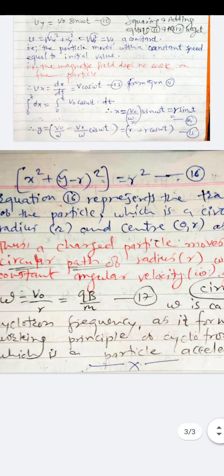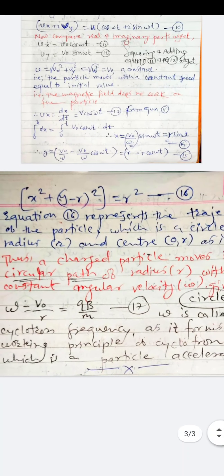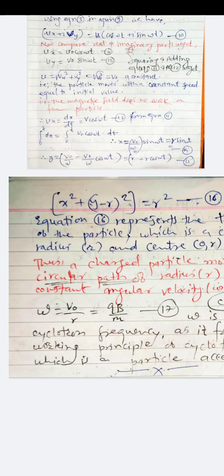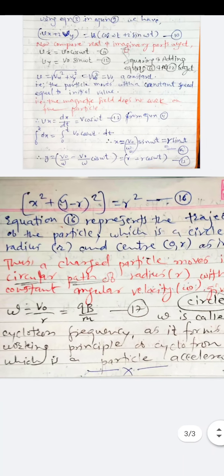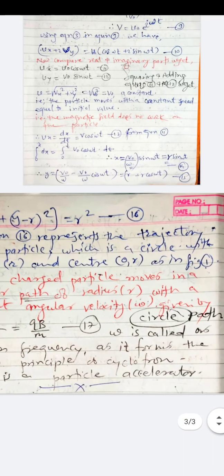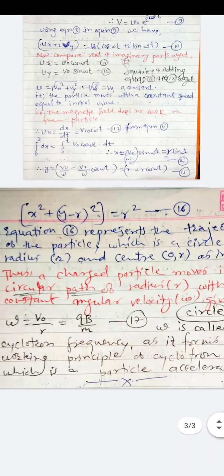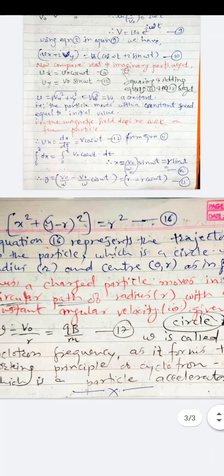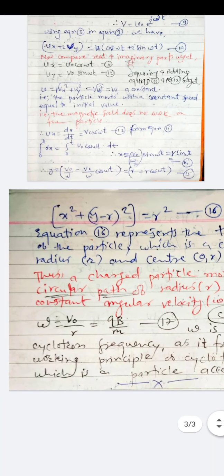Treating equations 14 and 15, we get x squared plus (y minus r) squared equal to r squared, equation number 16. This represents the trajectory of the particle, a circle with radius r and center at (0, r), as shown in figure 1.